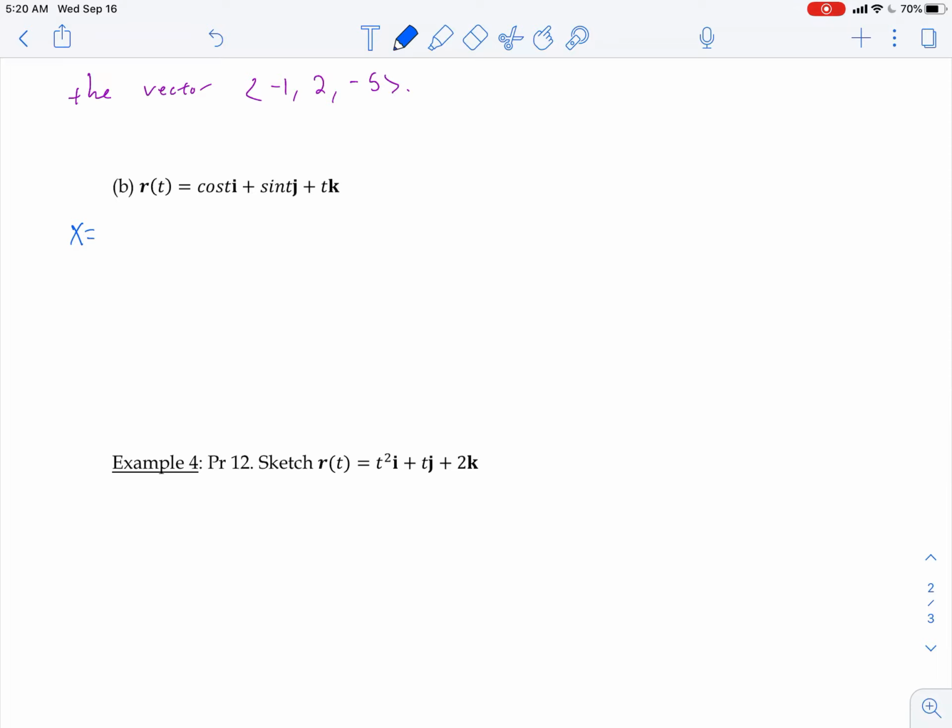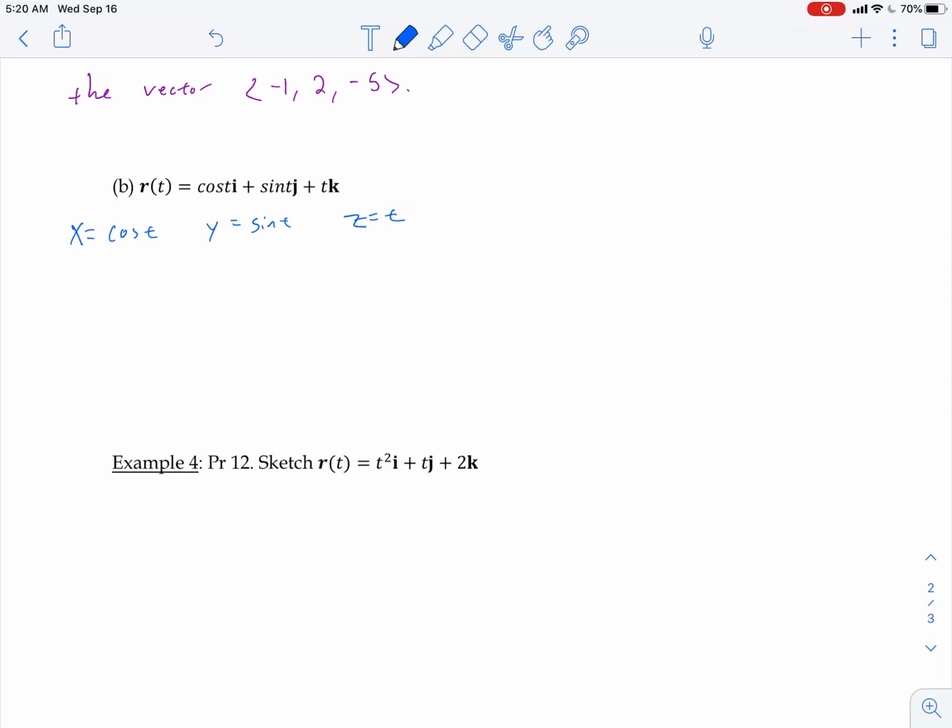And the first thing that we're going to do is, again, write out all of our components. x equals cosine t, y equals sine of t, and z is equal to t.